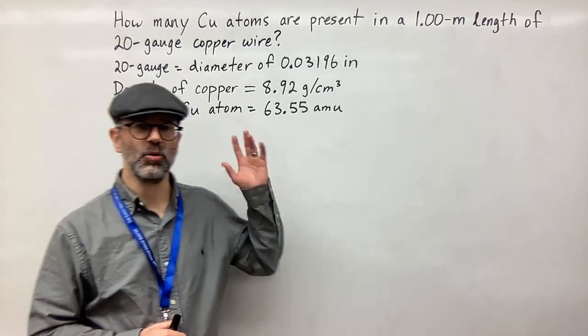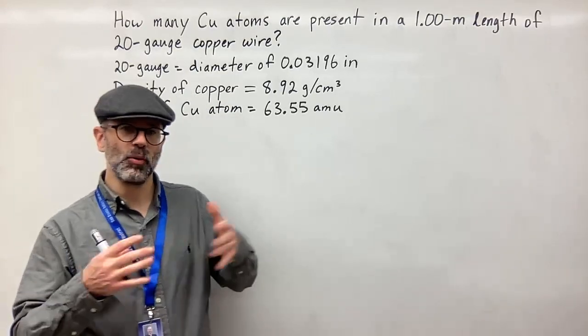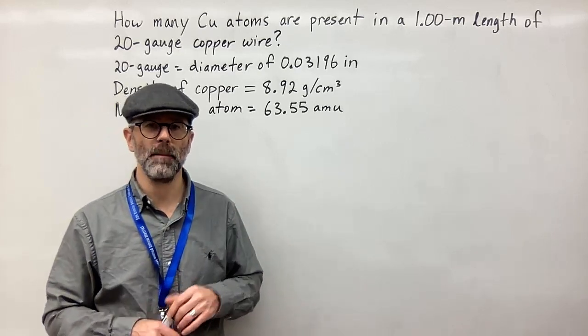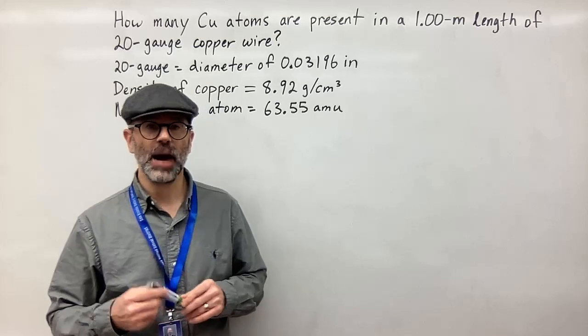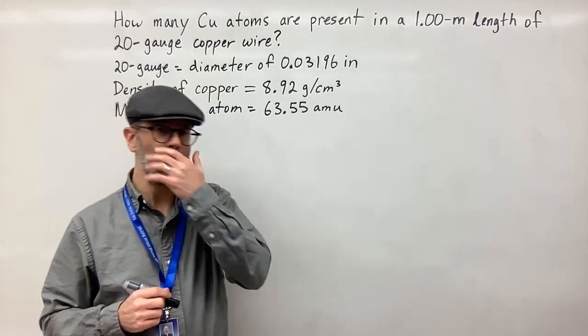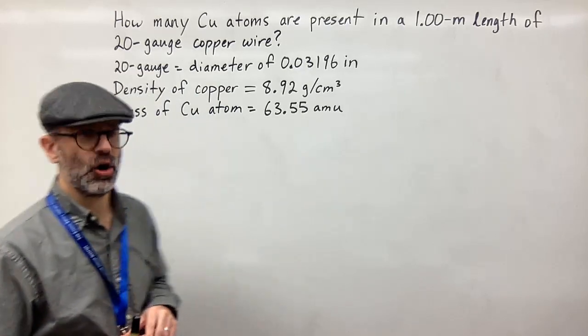So here we're asked, how many atoms of copper are present in a copper wire that is 1.00 meters in length, and it's a 12 gauge copper wire. In order to help us do this conversion, there's a few things we need to know.